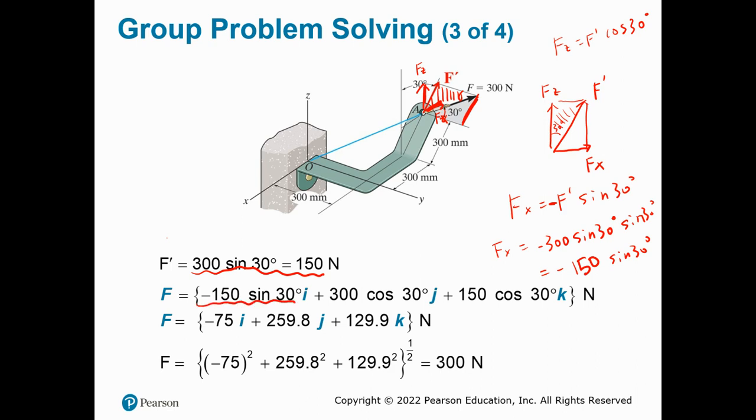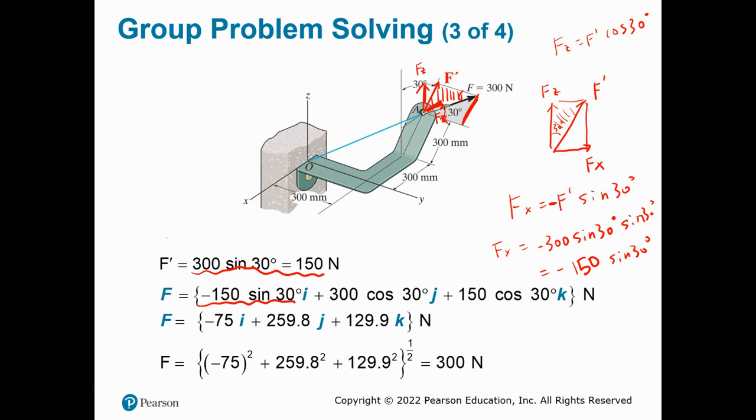That's that part. The second part is your y component. Y component, when you project it the first time, we get it, right? It's 300 cosine 30. It's Fy, if you don't see it, let me use a different color.